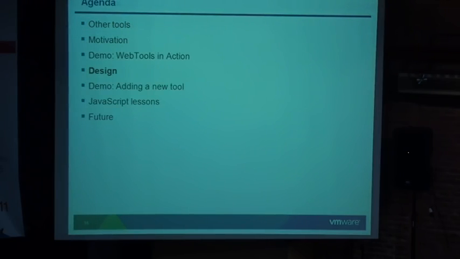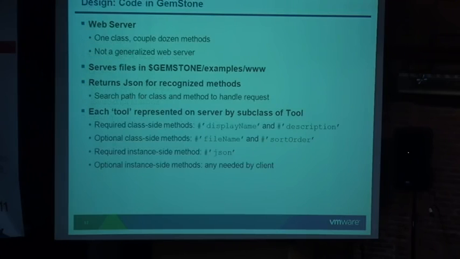So let's discuss for a few minutes the design of this. We have all the code in GemStone. There is a web server that's one class and a couple dozen methods, so very, very lightweight. We're not incorporating any of the other web servers. This one is very custom for this particular use, not a generalized server.